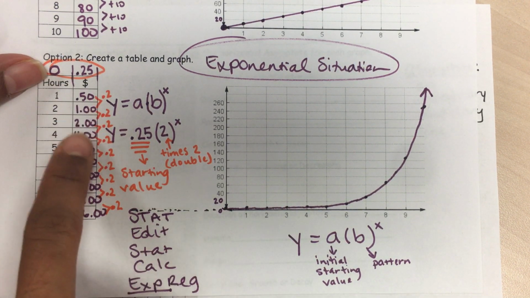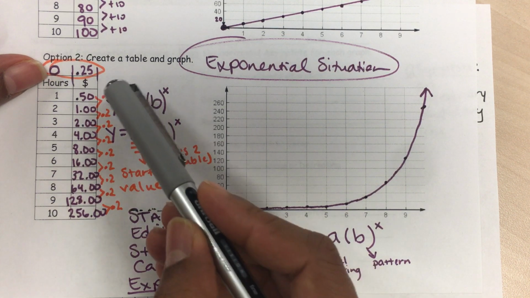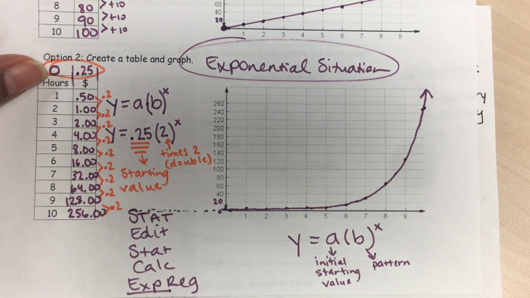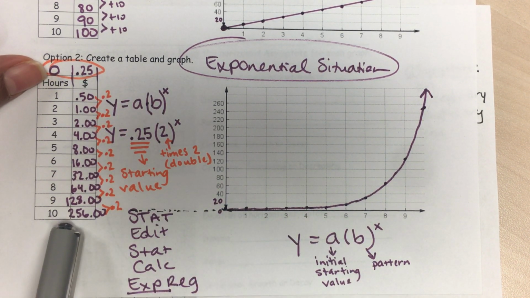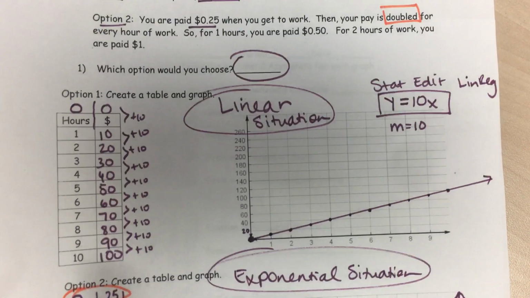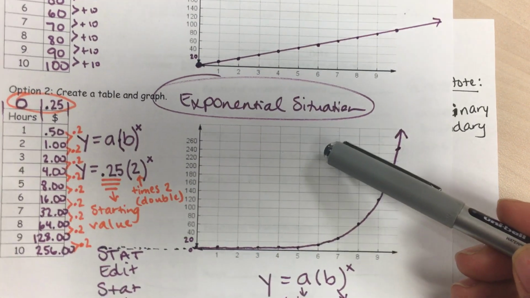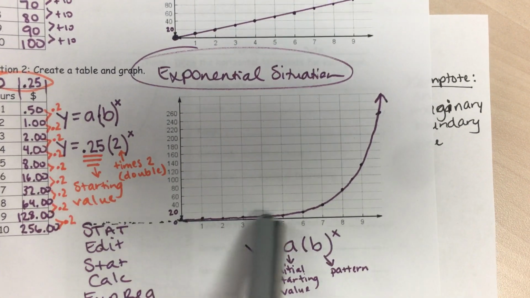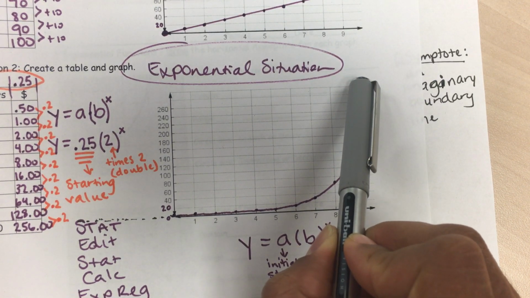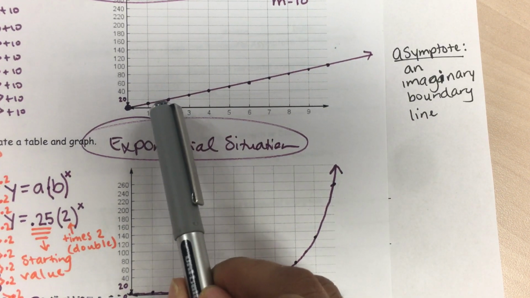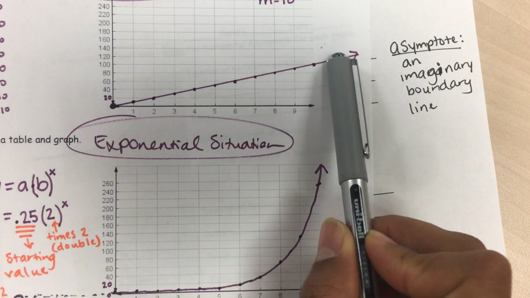And then every hour your pay was doubled. In other words, every hour it was times 2 for your pay. And at the end of the problem, you ended up richer than if you had just got paid a straight $10 an hour, because we learned that exponential situations explode very quickly, whereas linear situations are slow and steady.